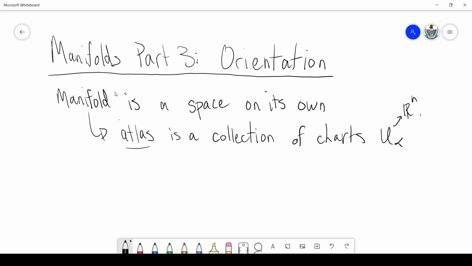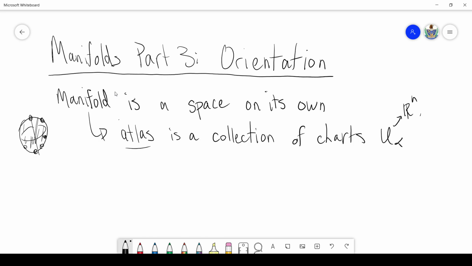Think, for example, of the sphere: we can pick two points, like the North and South Pole, and define charts as everywhere except the North Pole and everywhere except the South Pole. But we could pick any two points. It doesn't matter whether they're antipodal. We could pick this point and this point. It doesn't matter.